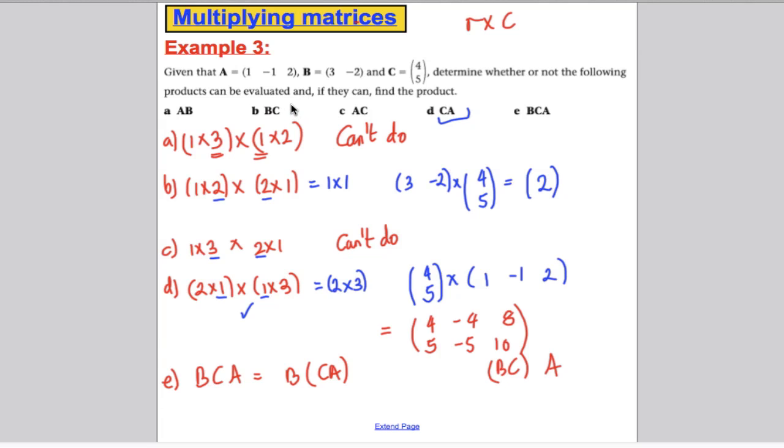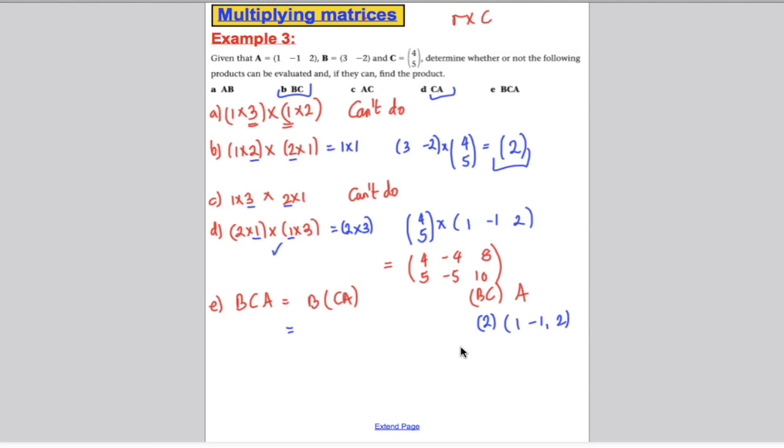Well, looking at part B, we had BC, and BC was the matrix 2. So this is the same thing as the matrix 2 multiplied by the matrix A, and the matrix A is 1, minus 1, and 2.